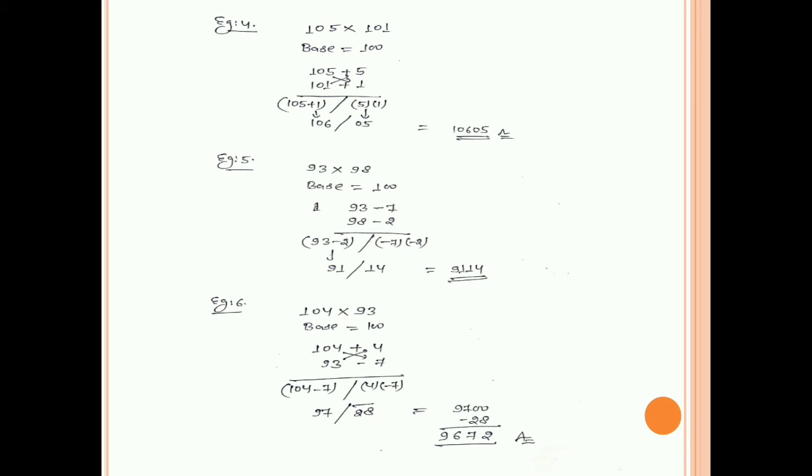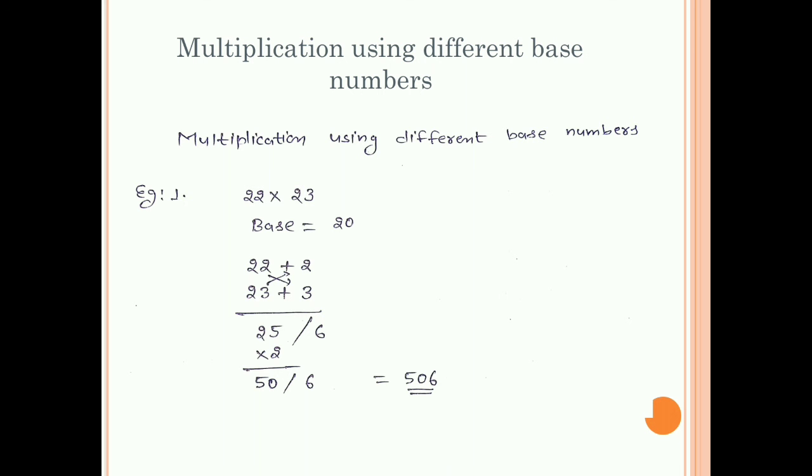So we will write 28 bar, and the number before the slash will be 104 minus 7, or 93 plus 4, which gives 97. Since base is 100, the digits after the slash will be 2. So we will write it as 9700, then 9700 minus 28, since 28 is a negative number. So we will get 9672 as our answer.